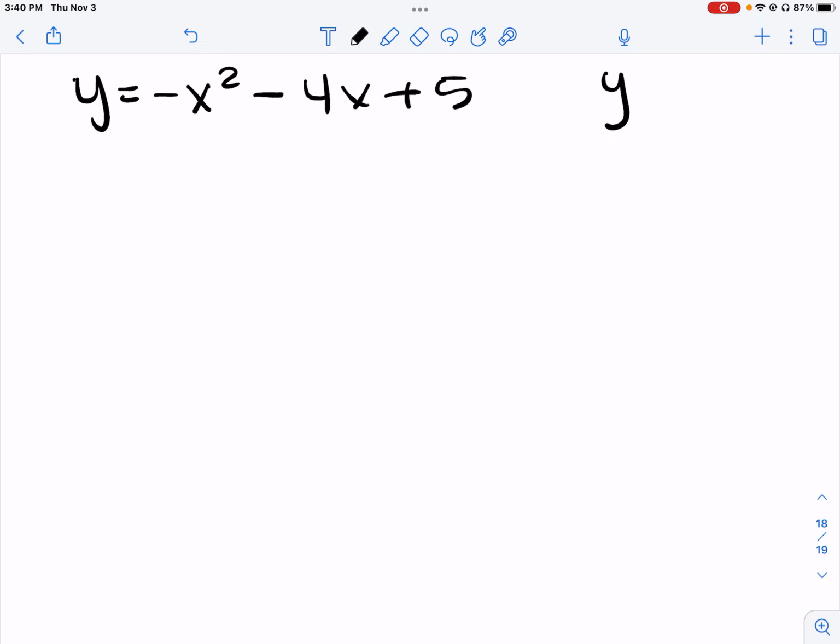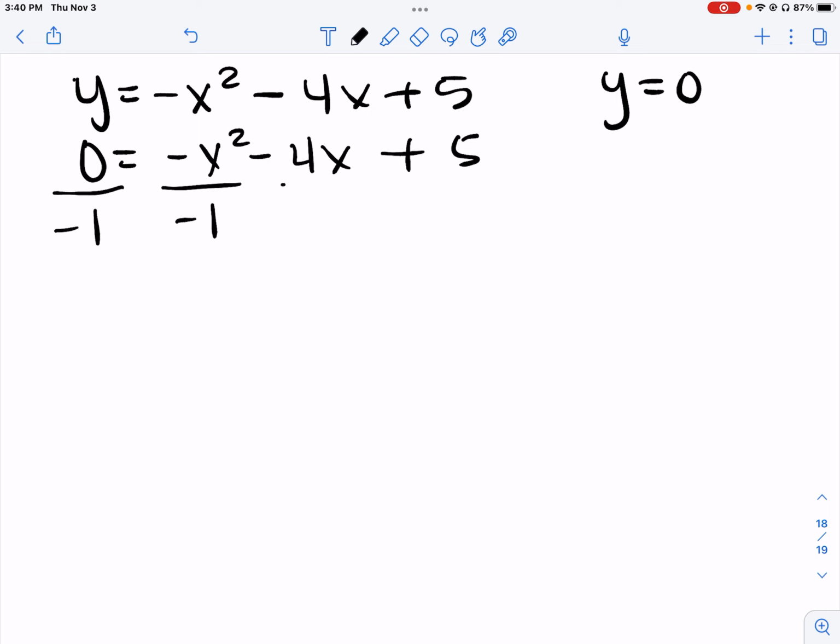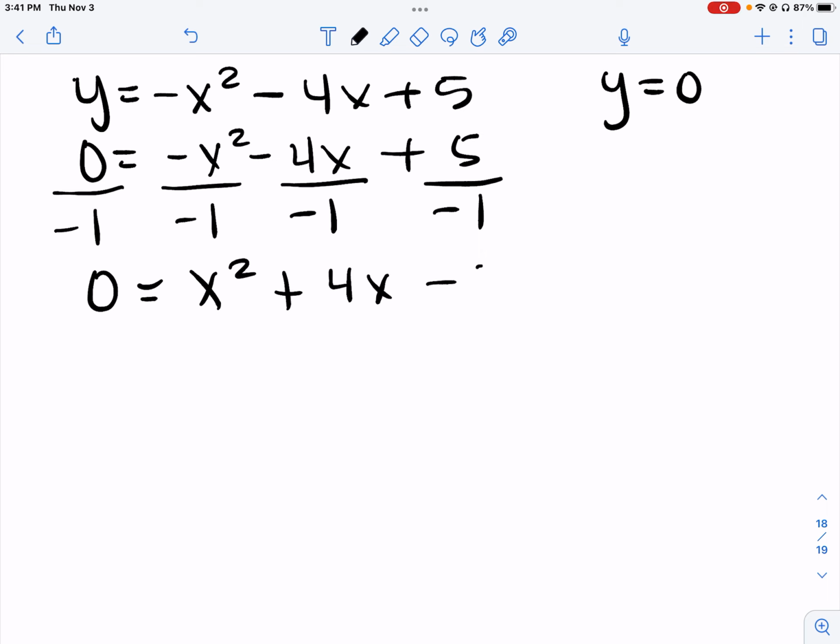Okay, the intercepts, you let y equal 0. Now that negative in front of the square, that's yucky. Divide everything by negative 1, which still gives us 0, but it makes it so much easier to have x squared.